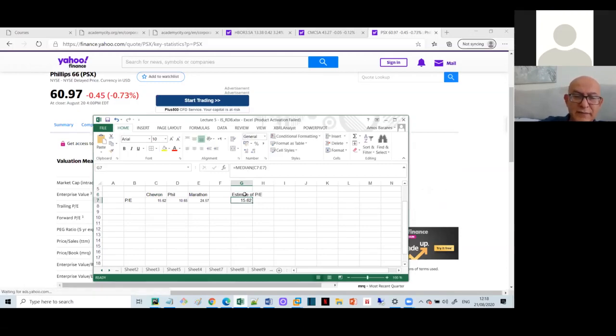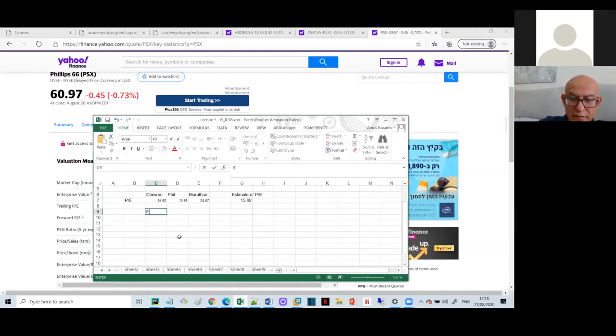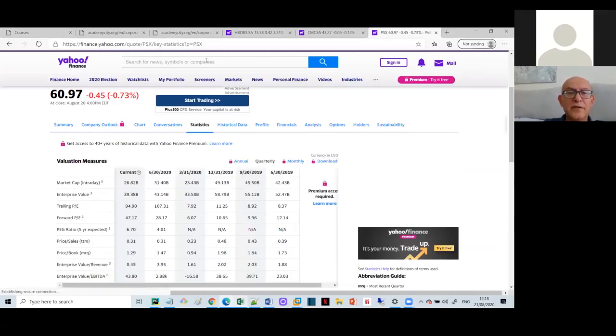Now that we have the estimate, we need the earning per share of our company. So we need to go back to Exxon. Let's go back to Exxon.